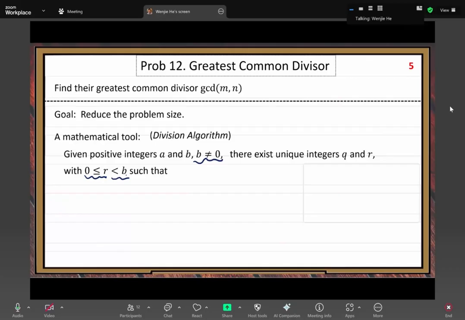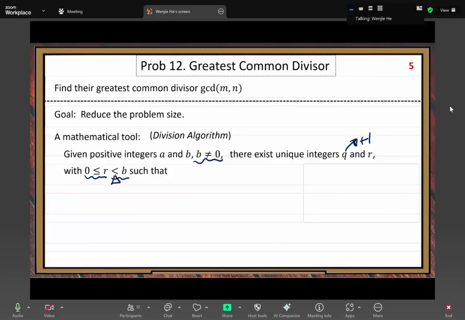Otherwise, if the remainder equals the divisor, then you can change the quotient number plus 1, right? Because you can move the extra part to the quotient, if R equals B. So for that reason, you can assume the remainder must be strictly less than the divisor.